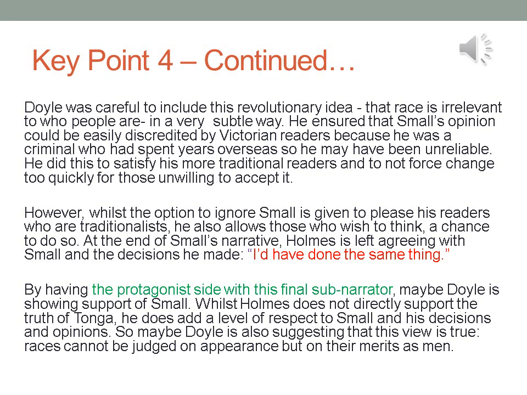So Doyle has to be very careful to put this revolutionary idea in a subtle way so that if readers want to, they can discredit it and it doesn't make the narrative too unbelievable. So what he does is he allows readers who want to think an opportunity to consider what Doyle might be suggesting, but he also gives readers who are much more traditional a way out.